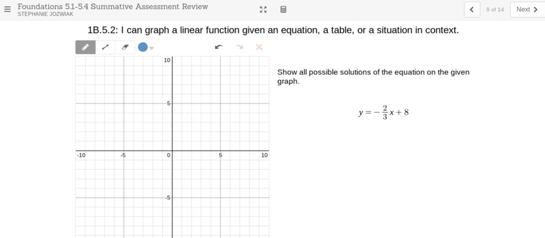Okay, for this one, we need to graph the line that's given. So we're told y equals negative 2 over 3x plus 8. Hopefully you can recognize right away that that is slope-intercept form, which means it gives us two things, the slope and the y-intercept. So we're given that the slope is negative 2 over 3, and that the b value is 8.